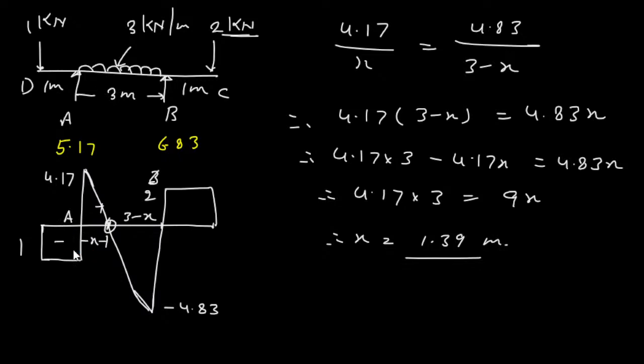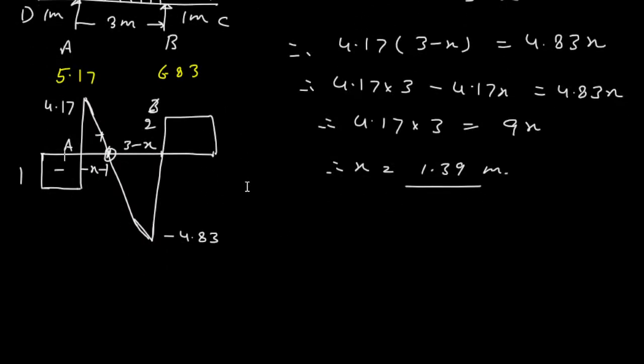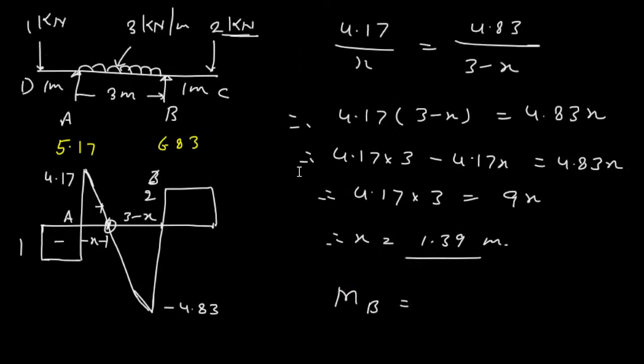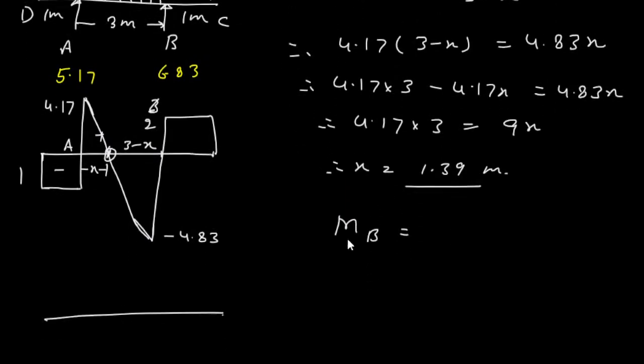Okay. Now bending moment at point C and D are 0, but it is not 0 at B. So if I calculate moment at B, it will be hogging moment, 2 times 1, so it is minus 2 kilonewton meter.